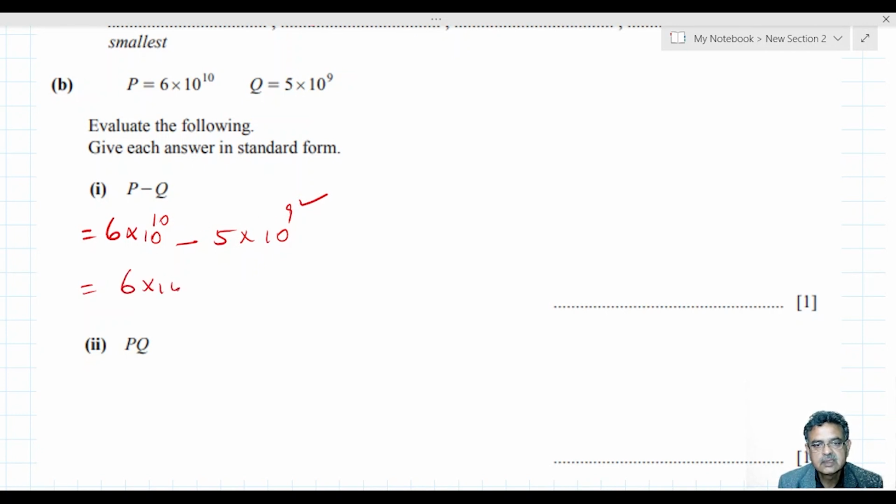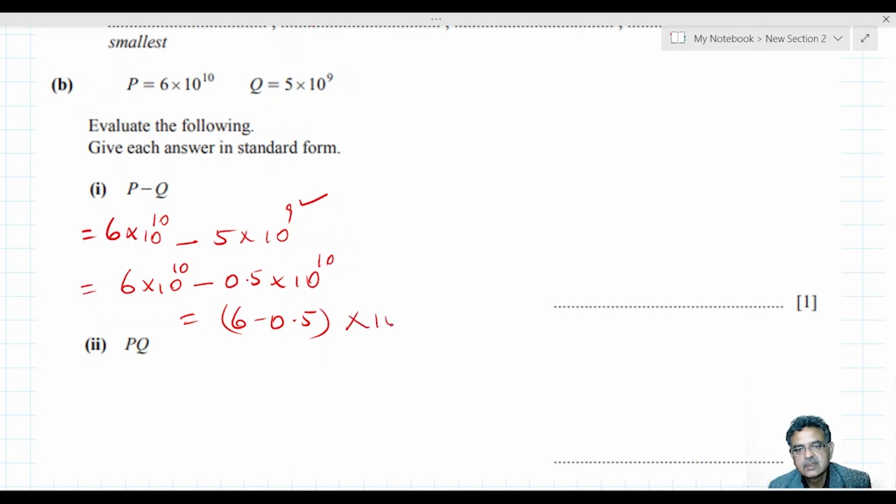So it will be 10 power 10 minus, this will be 10 power 10. As power is increased by 1, this value will be decreased by 1 decimal place. So 6 minus 0.5, and 10 power 10 is common now. It will be 5.5 into 10 to the power 10. So the answer is 5.5 into 10 power 10. That's it.